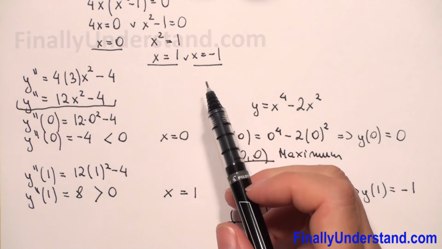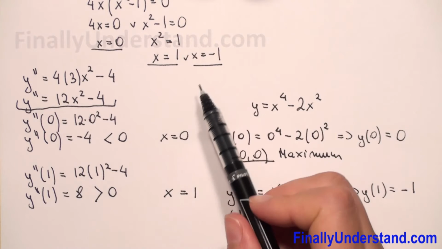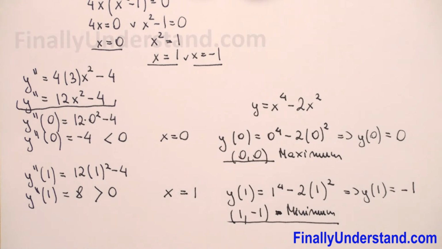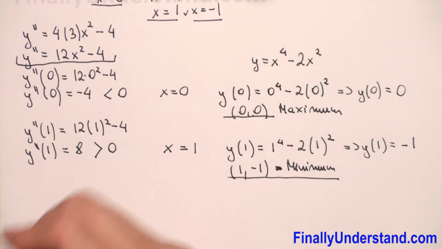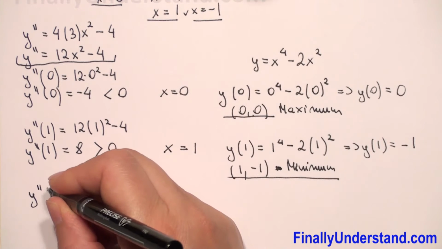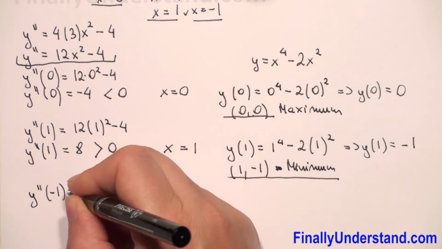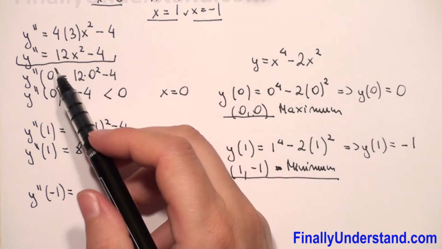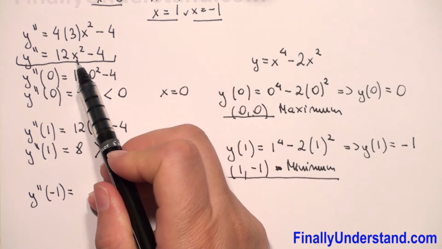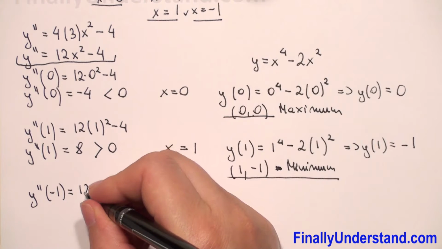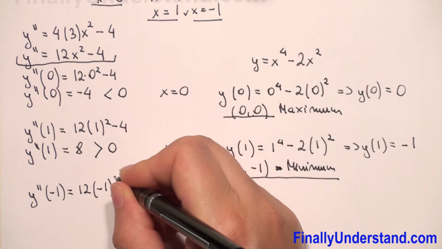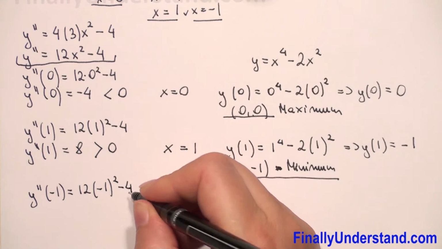Now, we have to check our second derivative for negative 1. So we have the second derivative of negative 1 is equal to, now we replace x by negative 1. So we have 12 times negative 1 to second power minus 4.